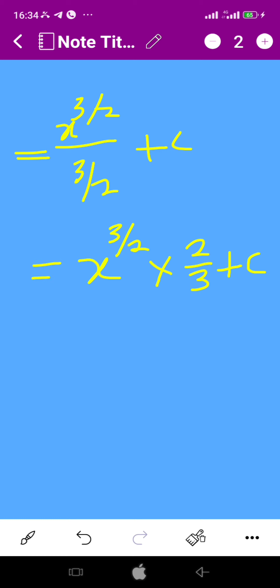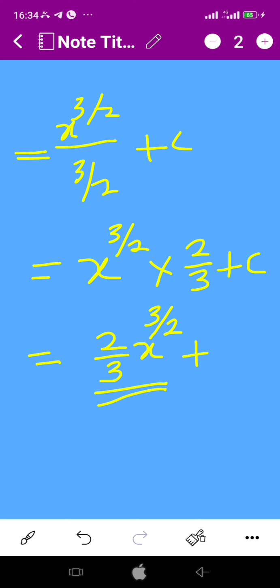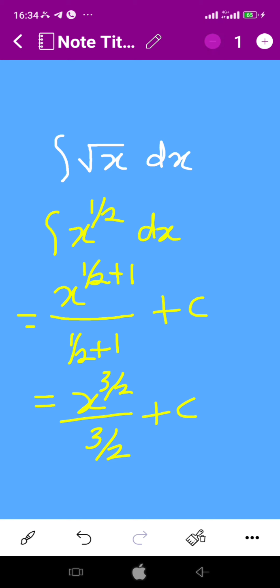Finally, this can be written as 2 over 3, because 2 over 3 is multiplying x raised to the power 3 over 2. Then we can bring down x and raise it to 3 over 2, and this is the answer, plus your c. This is the answer. You see, this is how to integrate square root of x.